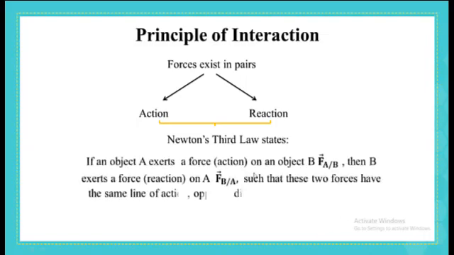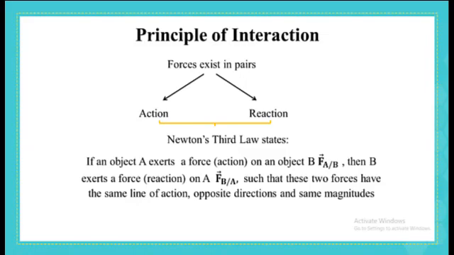If an object A exerts a force on object B, where A is the producer of the force and B is the receiver, then B will exert a force or a reaction on A, such that these two forces have the same line of action, opposite directions, and same magnitudes.